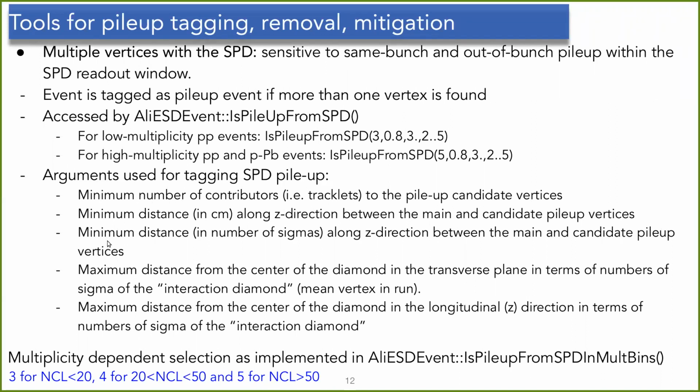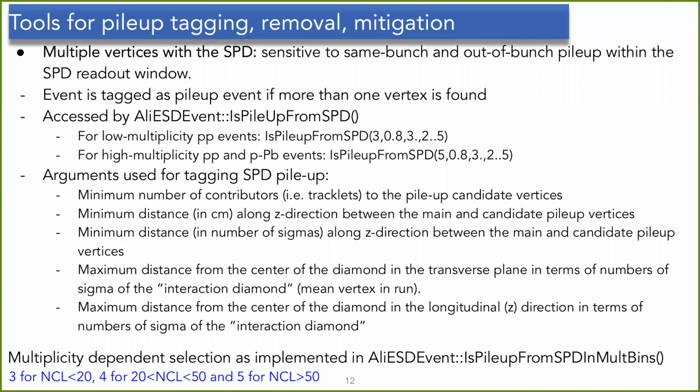The first argument is the minimum number of contributors of the pileup candidate vertices. You first check how many vertices you have, then you assign the vertex with the largest number of contributors as the primary, and the others are the pileup vertices.